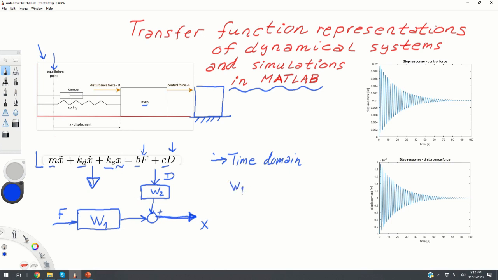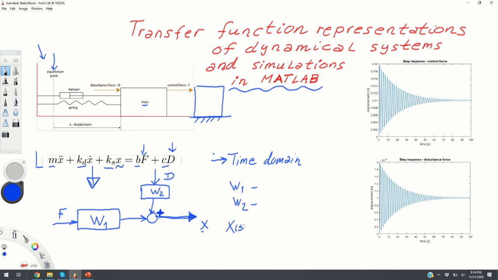W1 and W2 are transfer functions. W1 is a transfer function from control force to the displacement, and W2 is a transfer function from the disturbance force to the displacement. You can notice here that I added a plus sign. So, from a mathematical point of view, this block diagram corresponds to an equation that looks like this.